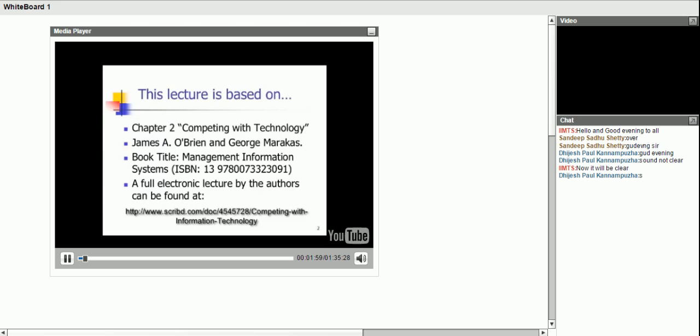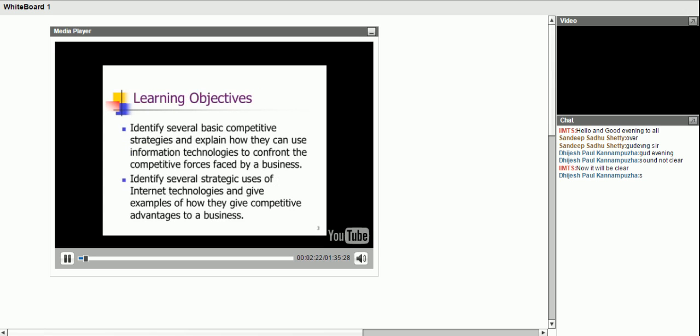There's a URL down in the bottom where you can actually see some of the authors' PowerPoints as well for his particular text. This is not the full chapter 2, Competing with Technology. This is bits and pieces of it that kind of work with the strategic management stuff.